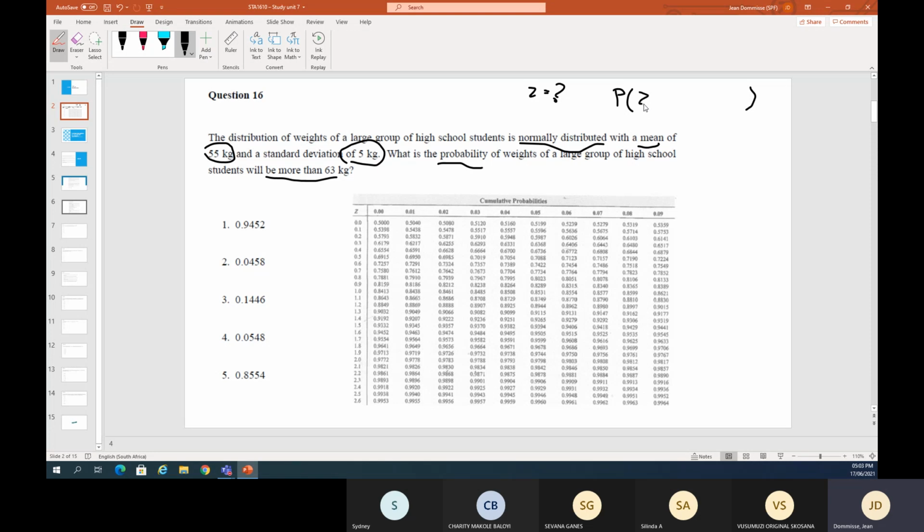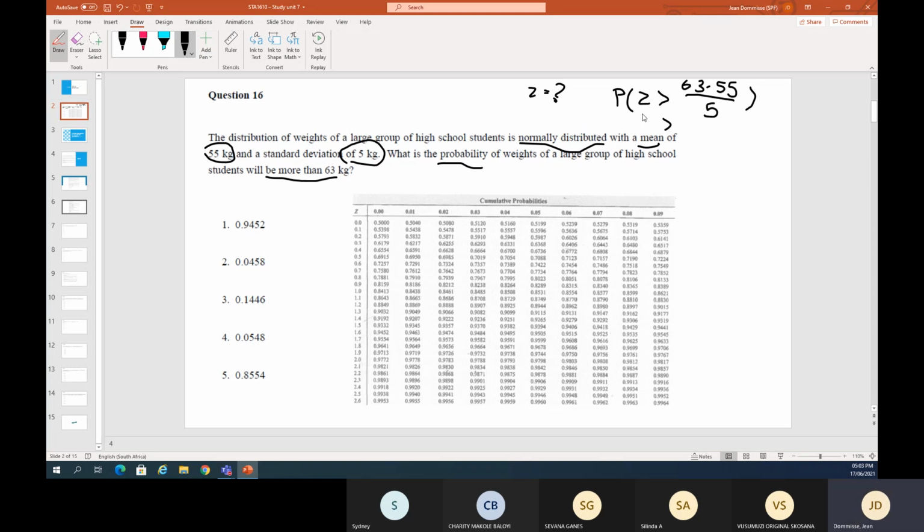So basically, Z: 63 minus 55 divided by the standard deviation, which is 5.